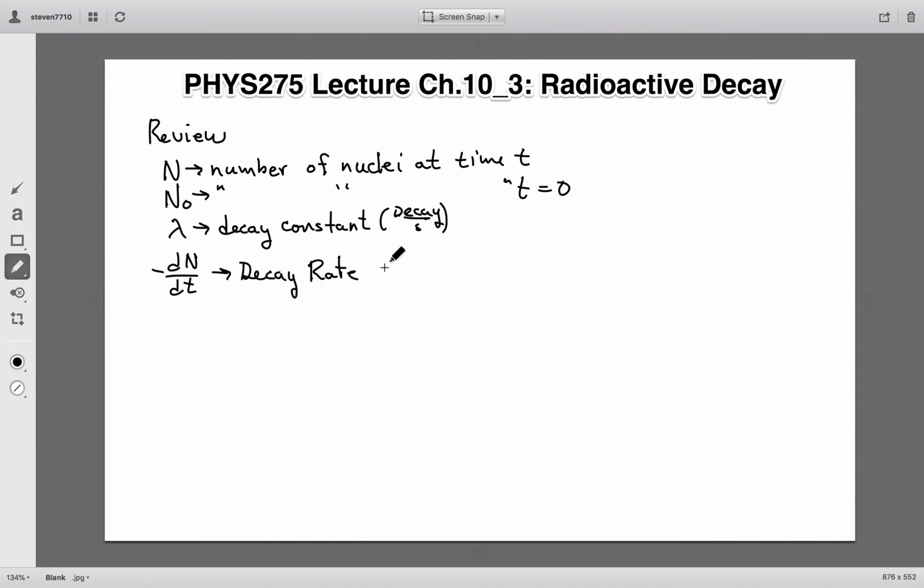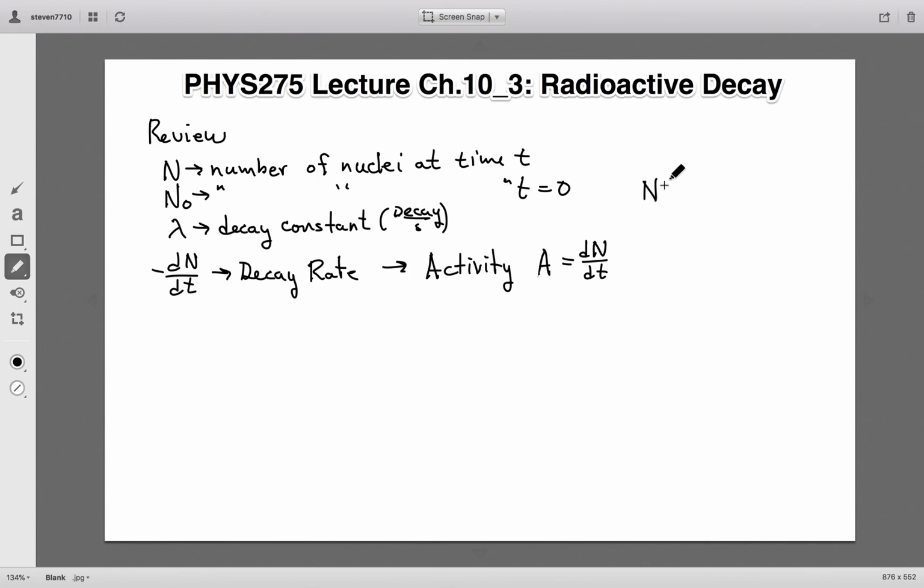We also define something else, the activity, as the absolute value of the decay rate. The decay rate is technically negative because you are losing nuclei, so we'll just write the activity as dN/dt. Let's see, the other relationships we had.